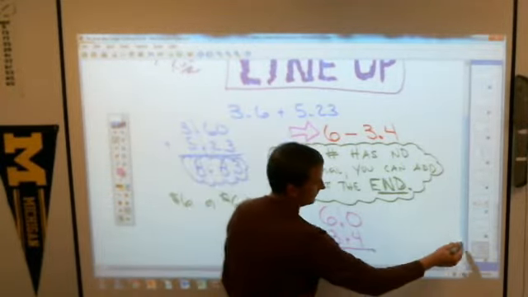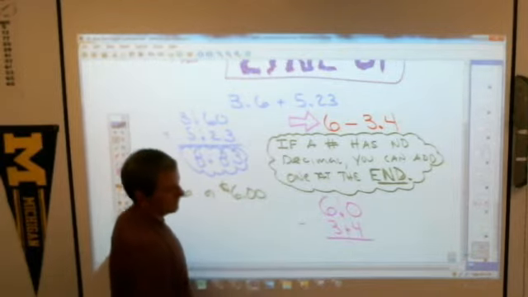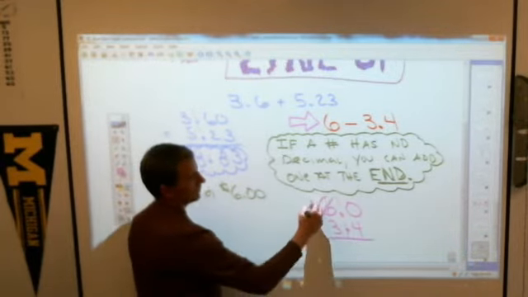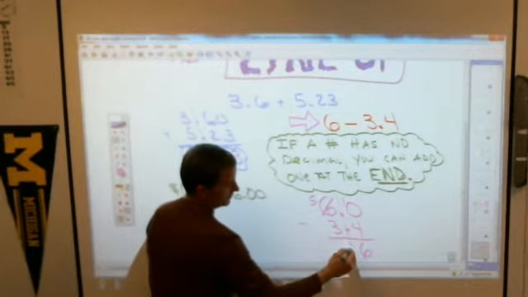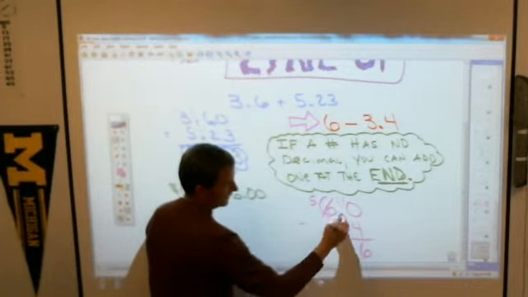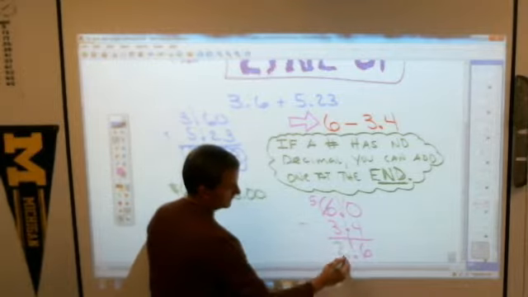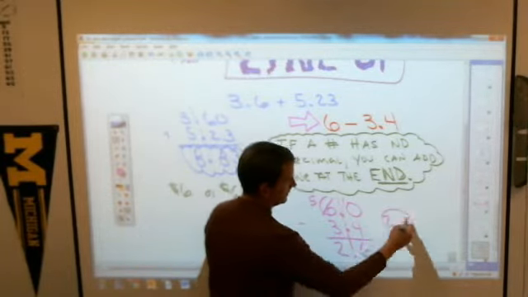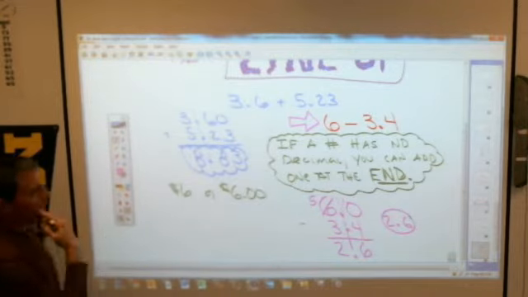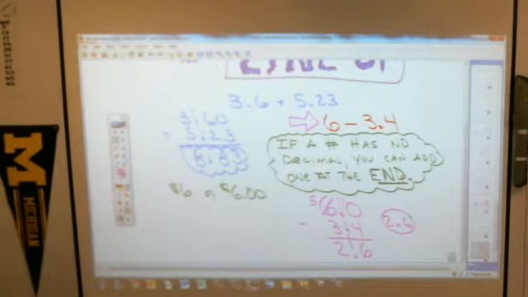You could add 2 if you want, but that's kind of silly. And then it's just a normal subtraction problem. Don't forget to put your decimal in your answer, again, they line up. 2.6 would be your answer. So if a number doesn't have a decimal, you can put it in at the end.